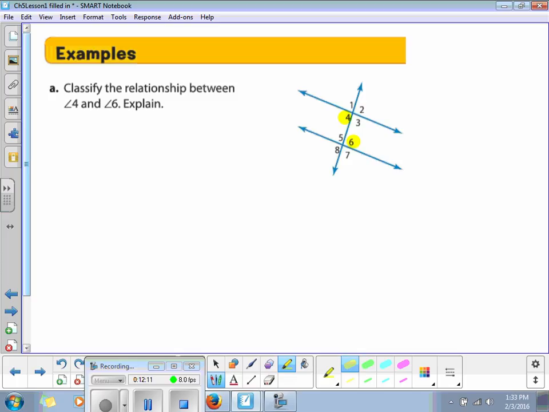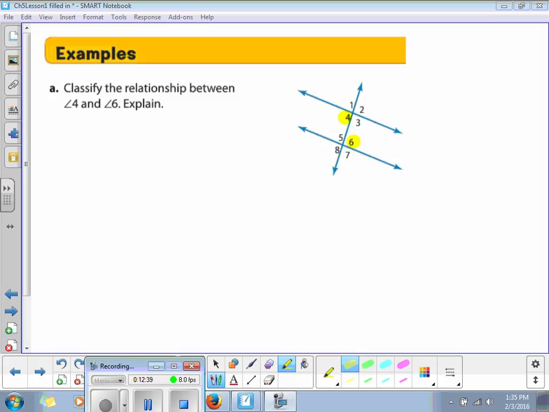So, 4 and 6. Are they inside or outside the parallel lines? They are inside the parallel lines. So, are they interior or exterior? They are on the inside of the parallel lines. They are interior.